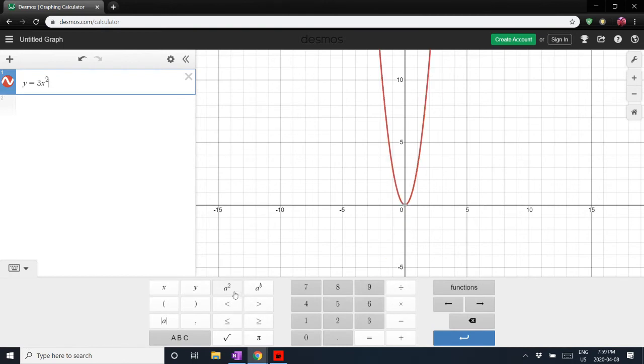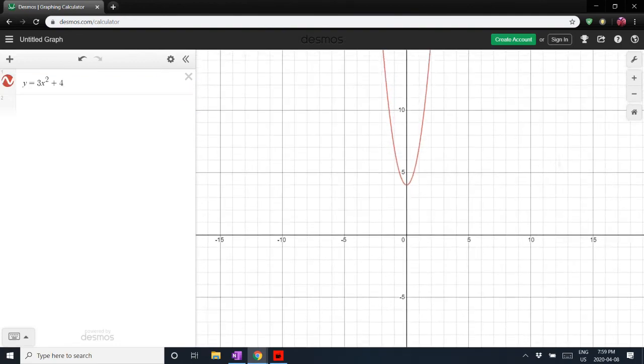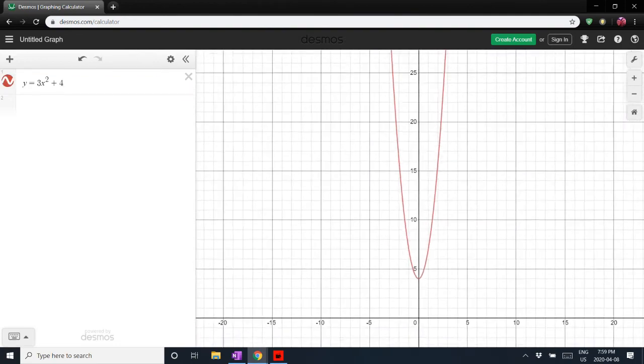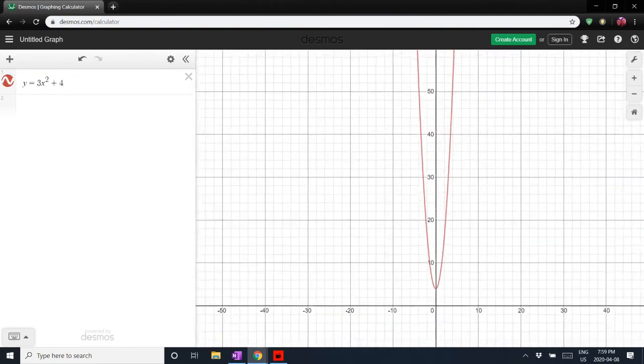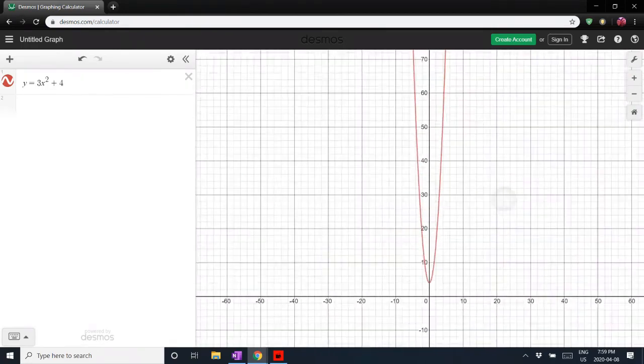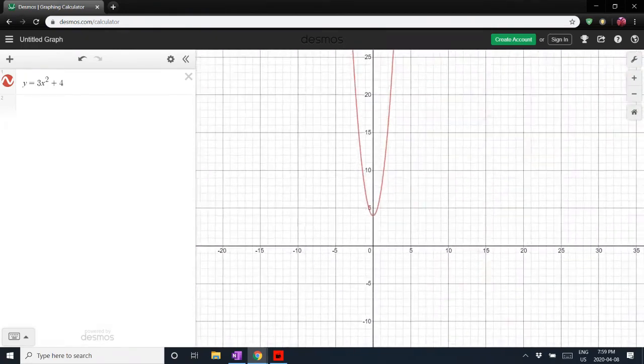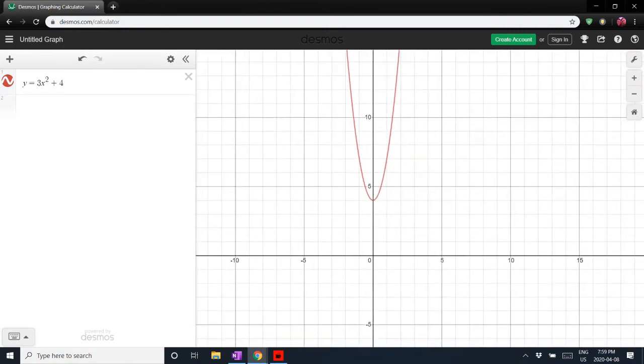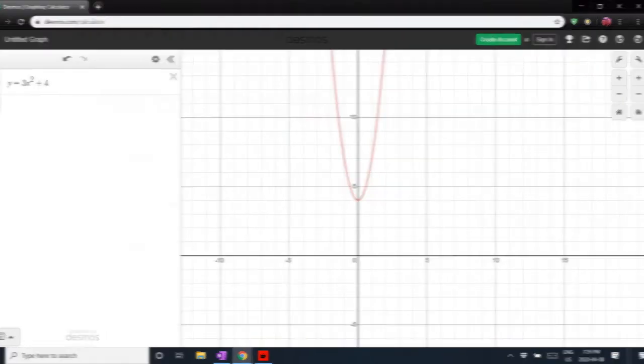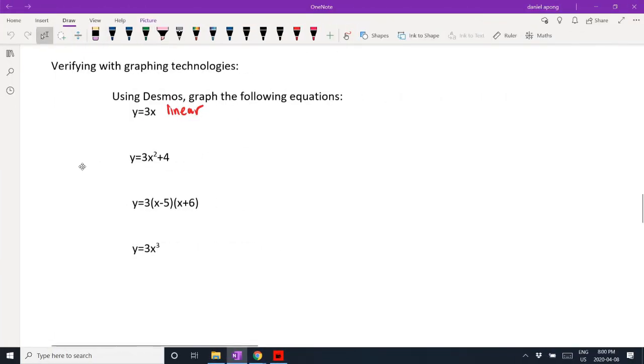We're going to click that, and that's going to make whatever we have there a squared number. We have plus 4 to finish off the equation. And as we can see, it is a quadratic equation. It is a parabola. You can see it goes on forever. Because it formed a parabola, we know that y is equal to 3x squared plus 4 is a quadratic.